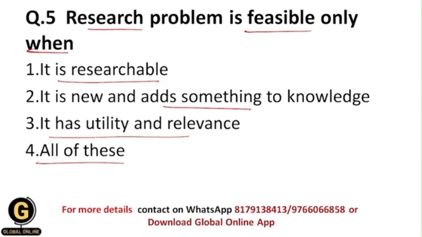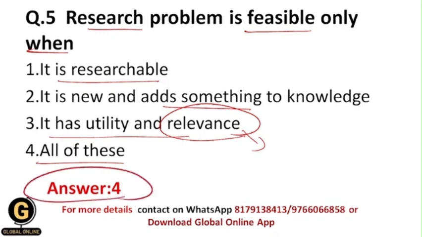Whenever it is researchable, then obviously it will be feasible. When it is new and adds something to knowledge, then it will be feasible. And whenever it has utility and relevance, relevance meaning relevance to the problems in society, then it will be feasible. In all of these situations the research problem is feasible, and that's why your correct answer should be 4, that is all of these.